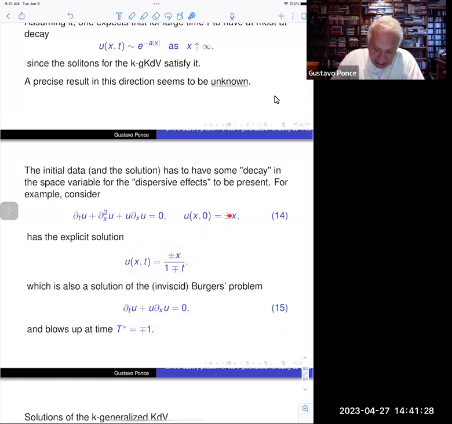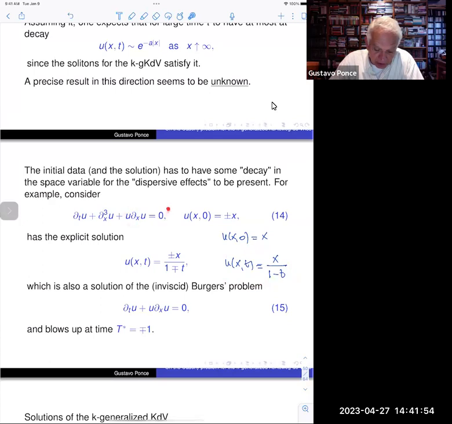Suppose that you put u of x0 equal to x, then you can prove that x over 1 minus t is a solution. Because when you take three derivatives, you don't see anything here.